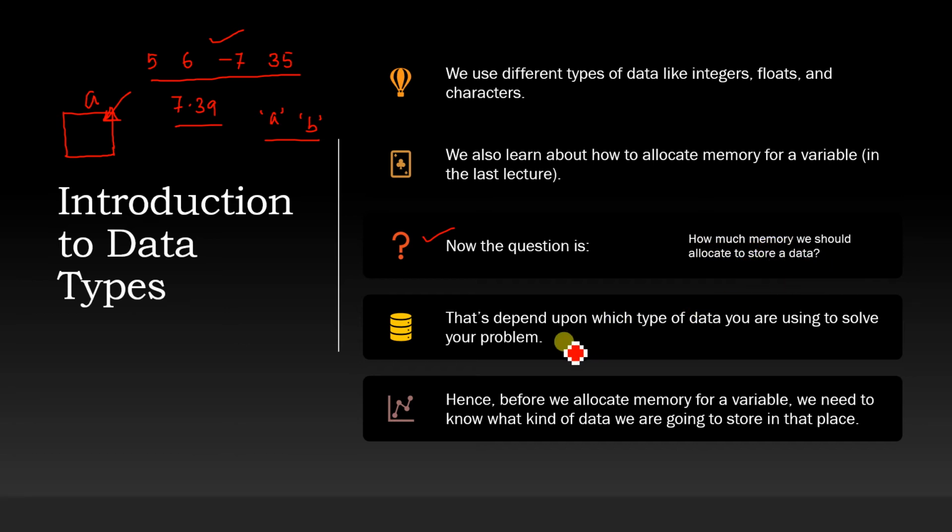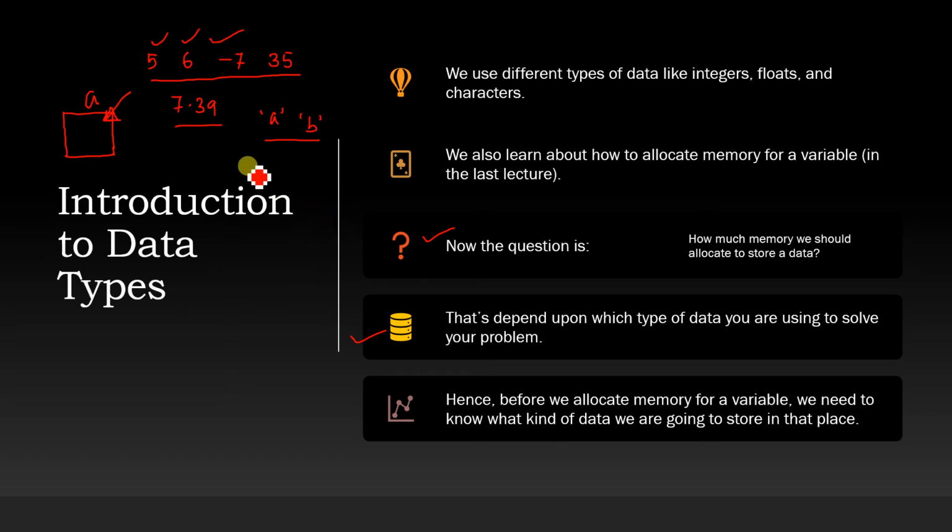Indirectly, it depends upon which type of data you are using to solve your problem. For example, suppose we solve the addition of two numbers. If it is an addition of two integer numbers, the allocation for two integers should be there.